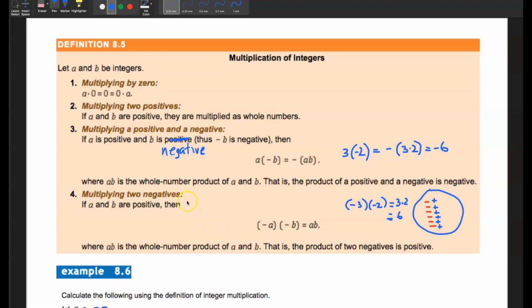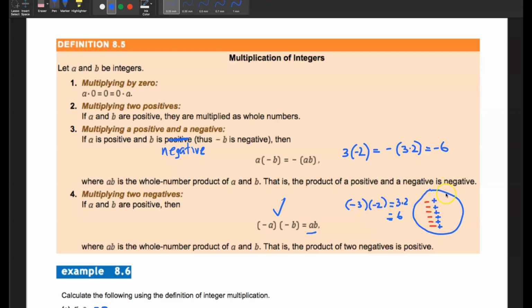And then multiplying two negatives, the definition: negative a times negative b is the same as a times b. This is the one that usually causes trouble. It's a definition, and that's what allows us to do it. But intuitively, a reason why that would be true goes back to what we talked about earlier: negative 3 times negative 2 would be take away 3 groups of negative 2.